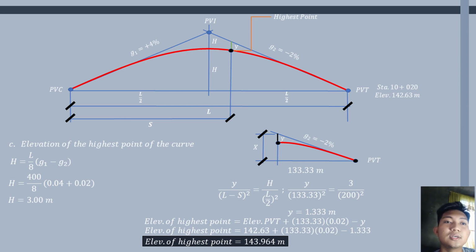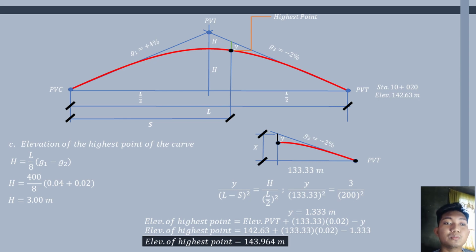So magamit ana unya. Then ang y nga unknown, so by ratio and proportion makuha na nato ang y which is y all over 133.33 squared is equal to 3 over 200 squared. So gamitan og calculator, so y is equal to 1.333 meters.